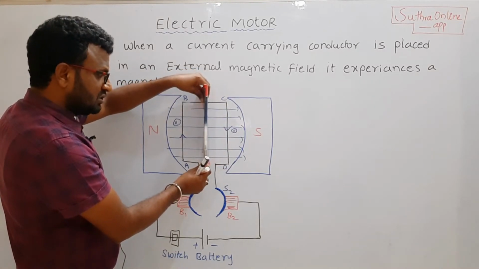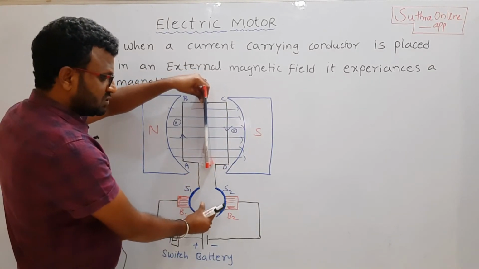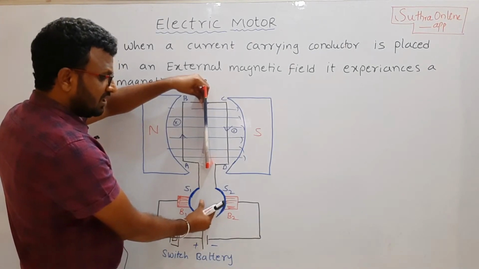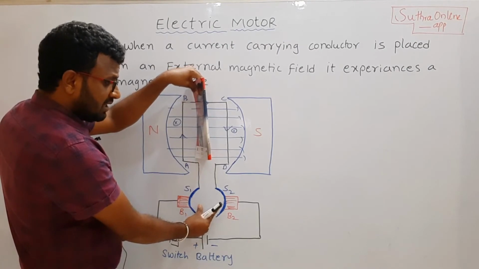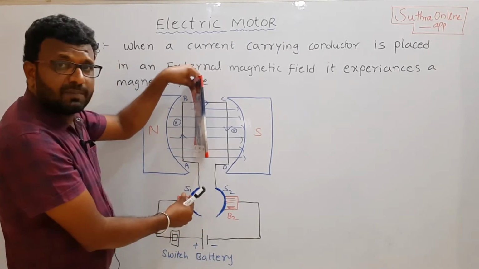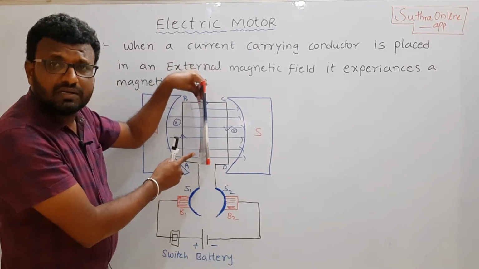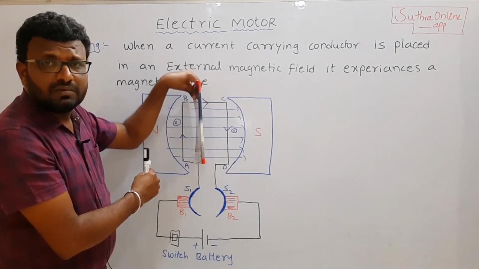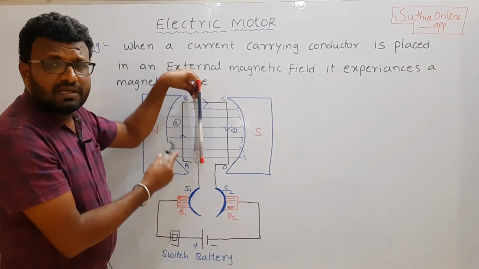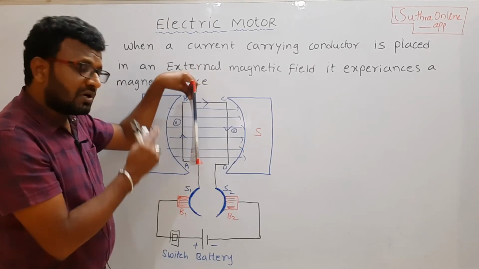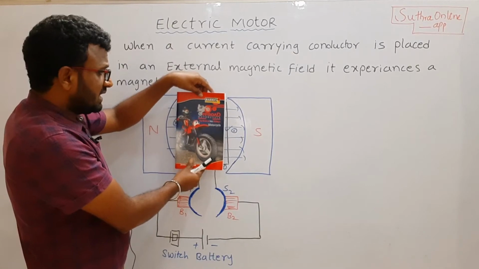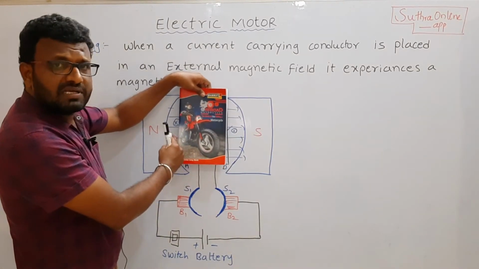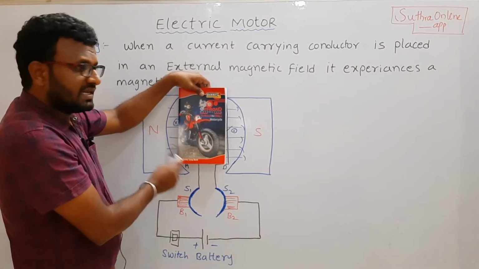When it comes to 90 degrees, these two split rings lose contact with the brushes. That means there is no electric current through the coil. So there is no magnetic force on the coil, but due to inertia of motion, it takes the remaining rotation from 90 degrees to 180 degrees.